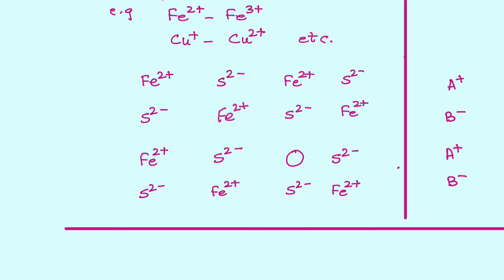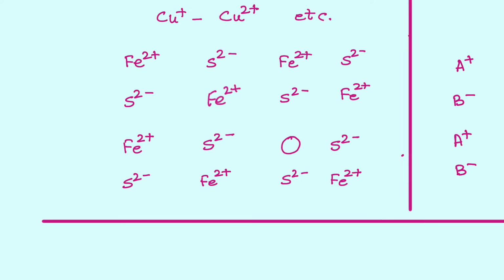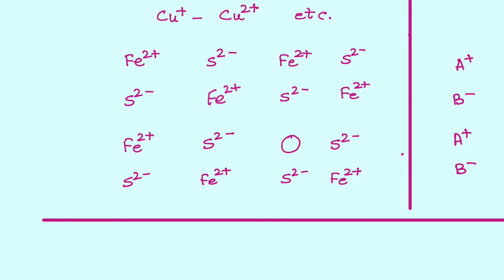Observe the structure over here. We've got iron sulfide, FeS. Yes, as you can see, I'm talking about a crystal of FeS. You can also have examples like FeO, NiO, Cu2O. So these kinds of crystals are able to show a metal deficiency defect.